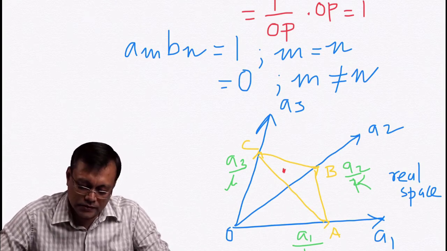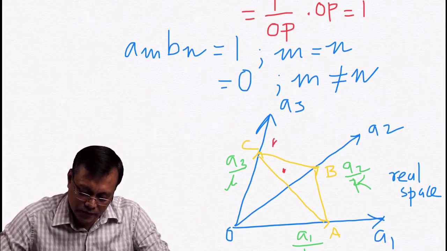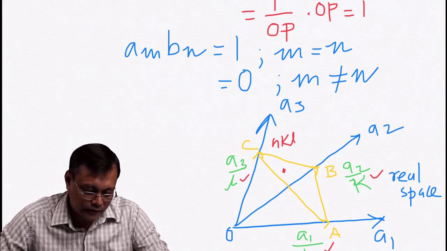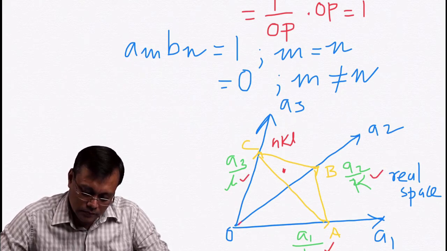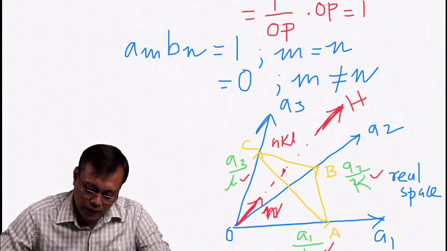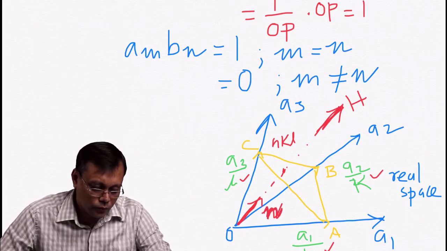Because the plane here is H, K and L, I mean, that is represented by A1 by H, A2 by K and A3 by L. The unit vector here, that is actually the N, towards the direction of capital H. This is small n.